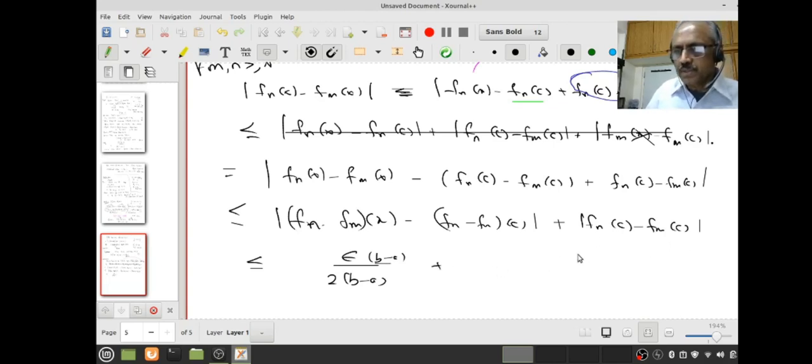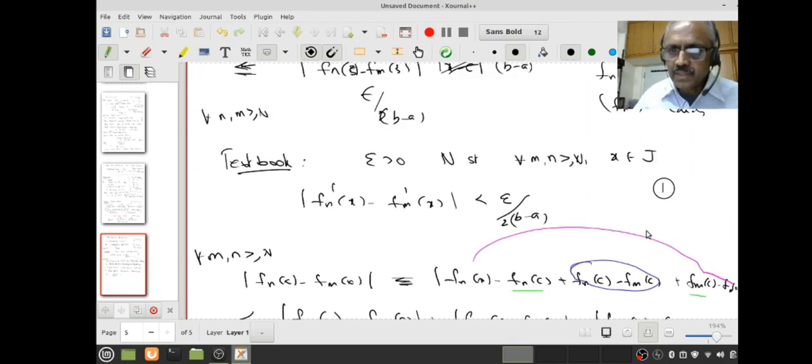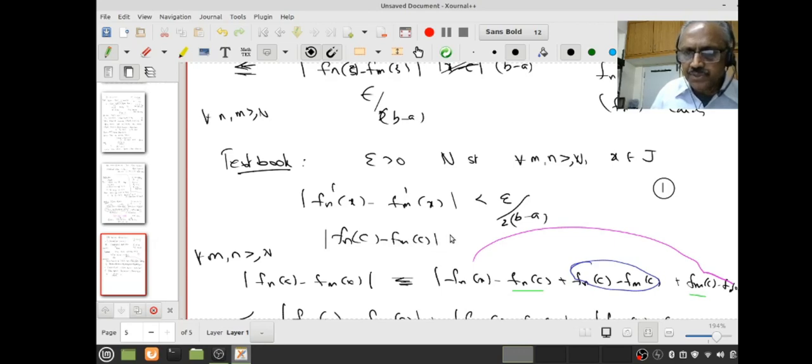plus this one. So what I can do, since fn(c) converges, I can also choose N such that |fn(c) − fm(c)|, this is convergent, therefore in particular it's Cauchy, it's less than epsilon by 2 for all n, m greater than or equal to N. So you see that a textbook proof should start with two statements, 1 and 2. What is that?